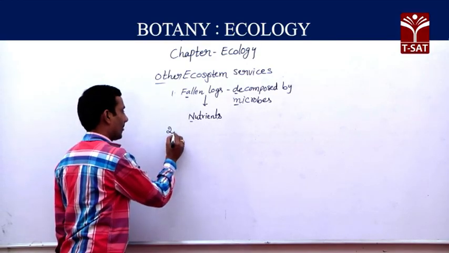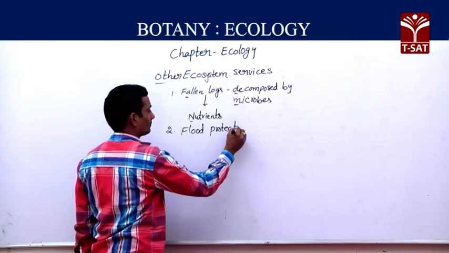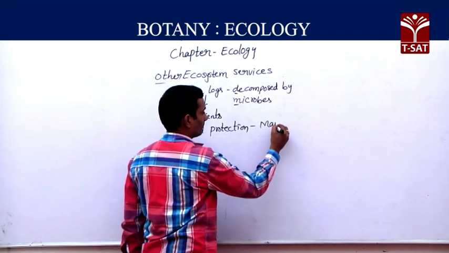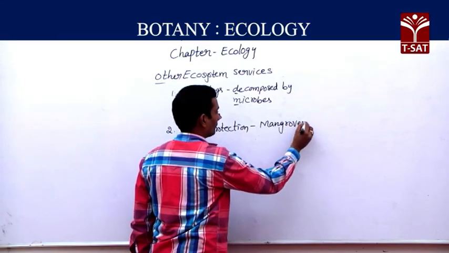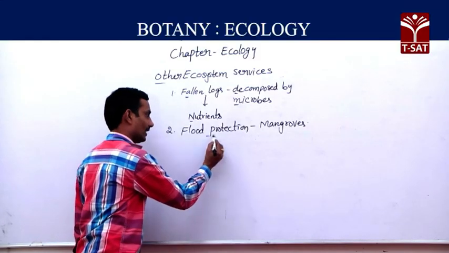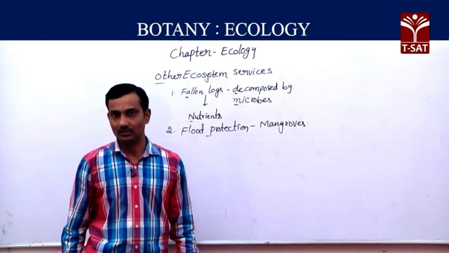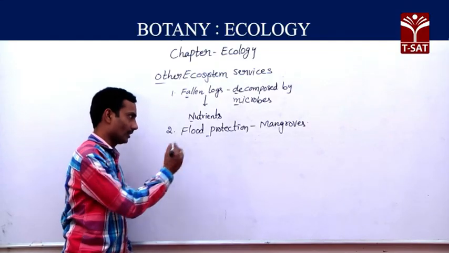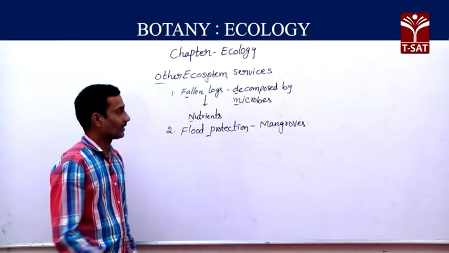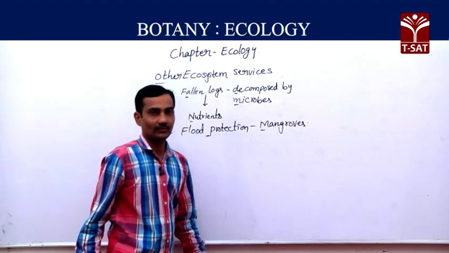So indirectly these microbes play a vital role in mineral cycling. In the same manner, flood protection by mangroves, like Avicennia and Rhizophora. These plants reduce floods. In the Sundarbans, located in West Bengal, you can find many mangroves. They reduce floods in that area. So flood protection is contributed by mangroves.